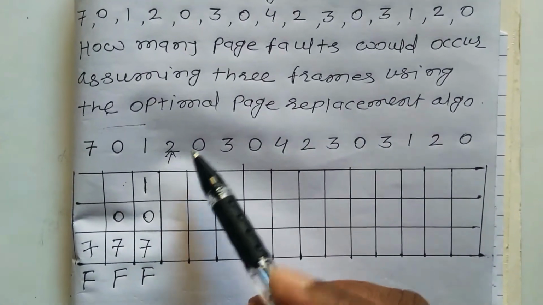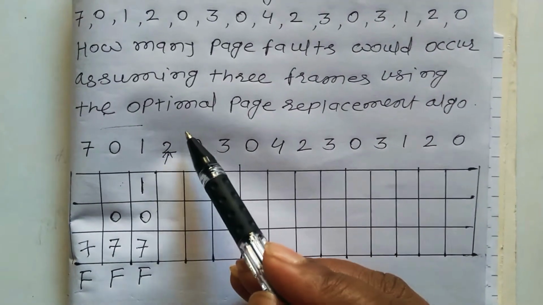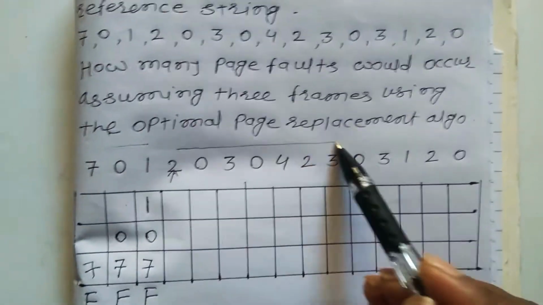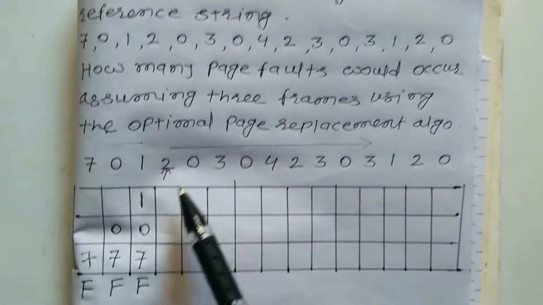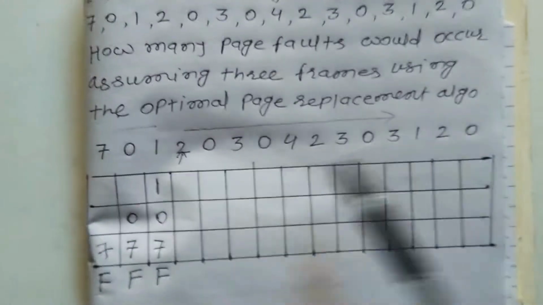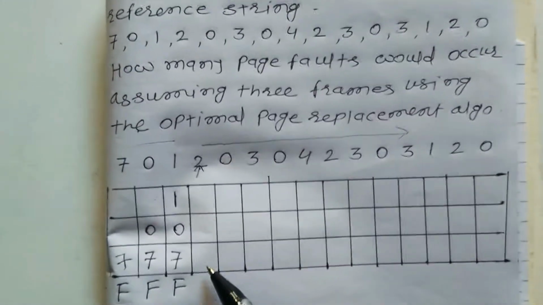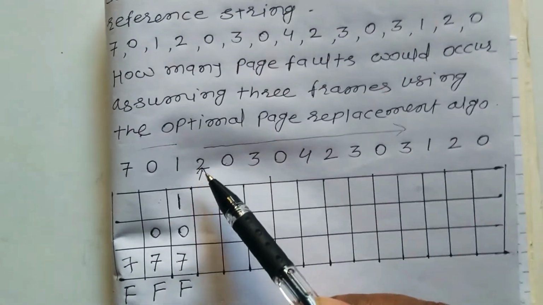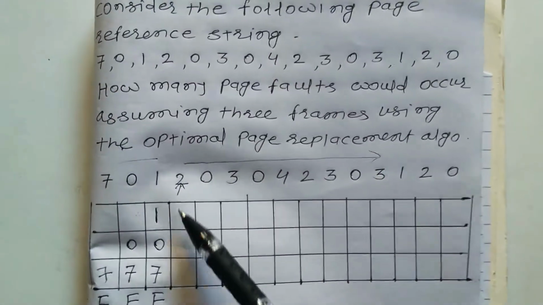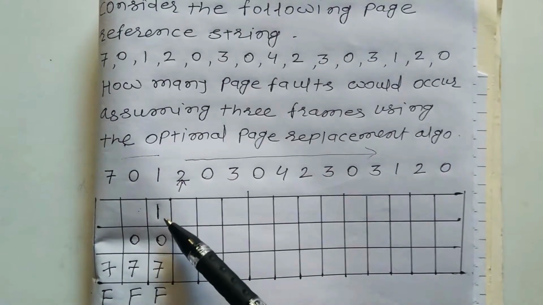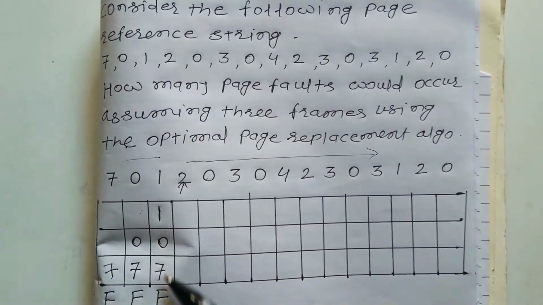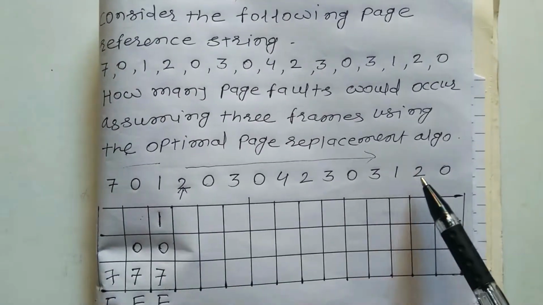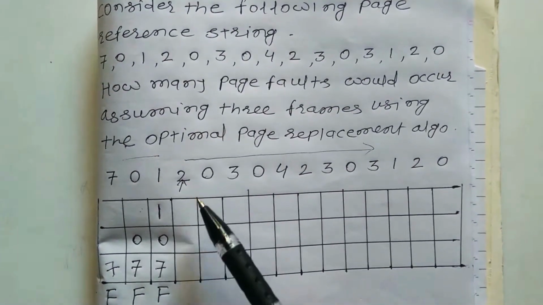Whereas in the optimal page replacement algorithm, you have to consider the right hand side of the page you want to place. So whenever you want to place this 2, you have to consider the 3 pages in memory and look at the right hand side of this page.